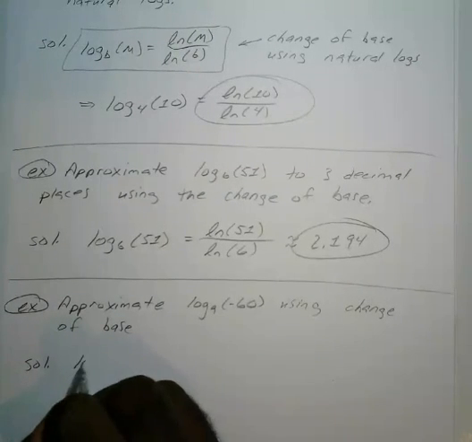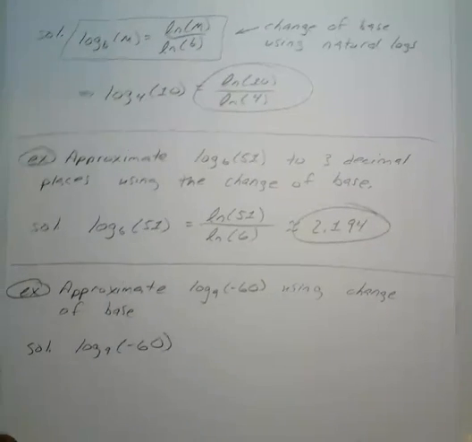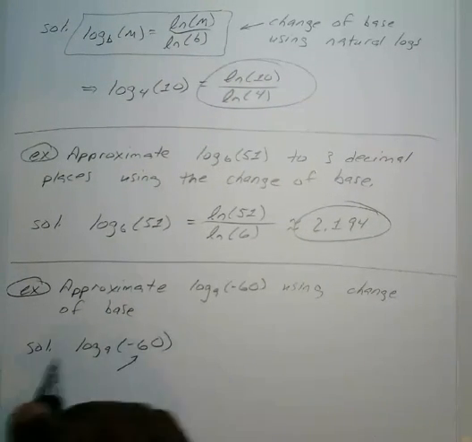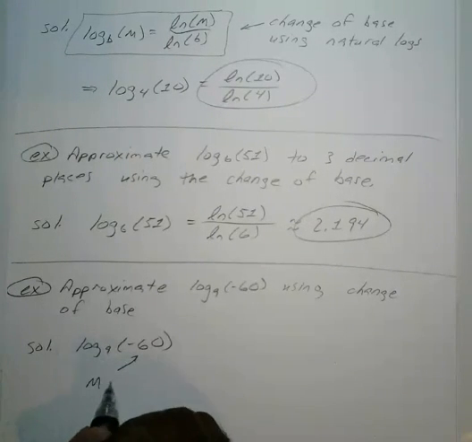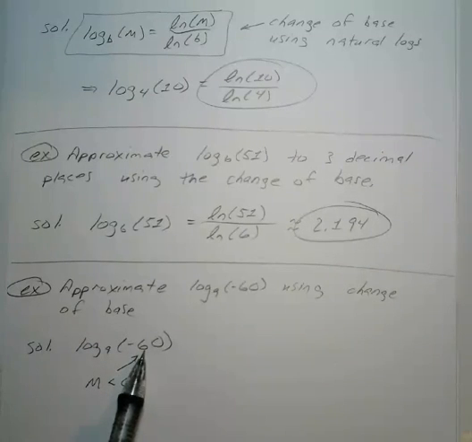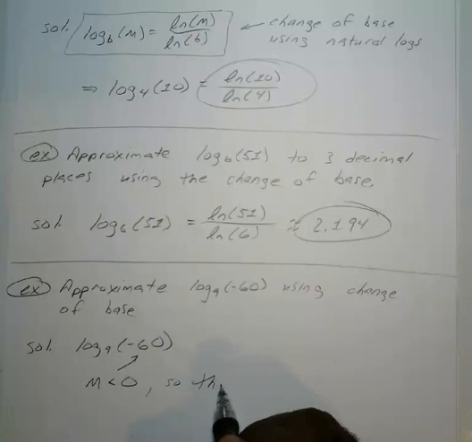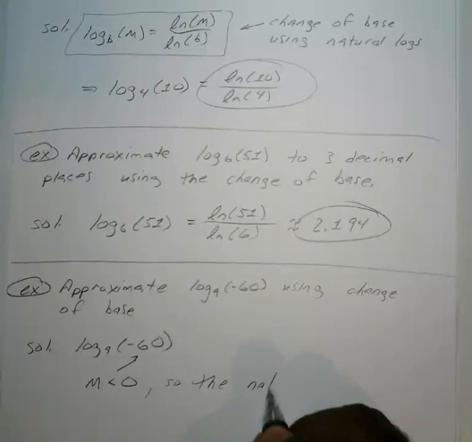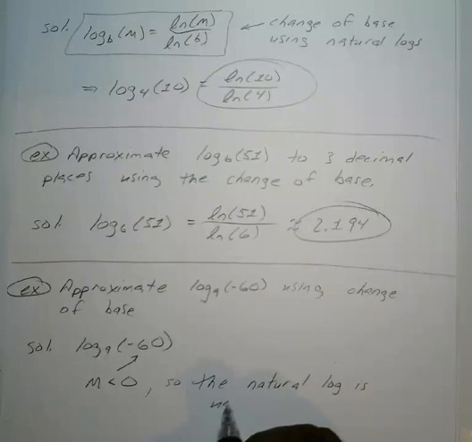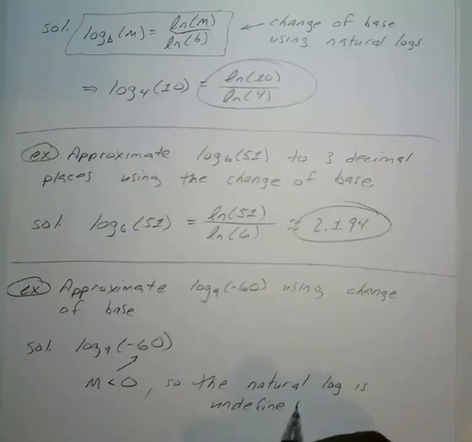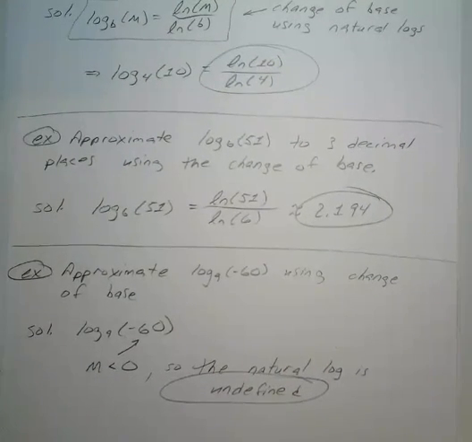Now, for log base 9 of negative 60, one thing you have to remember is that the value in here has to be positive. Whenever the value is negative or less than 0, this natural log is undefined. So if you try plugging that into a calculator to get the answer, it will come back as undefined.